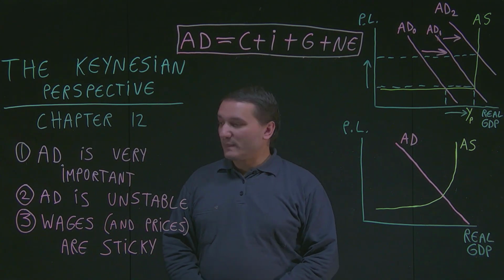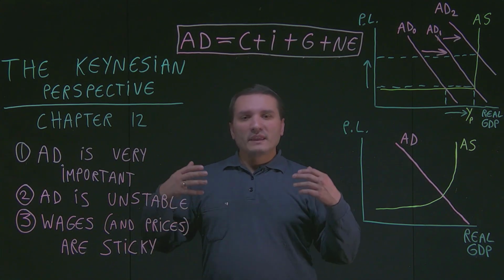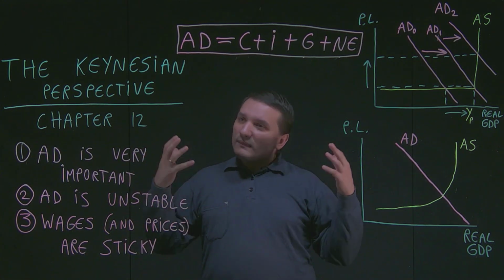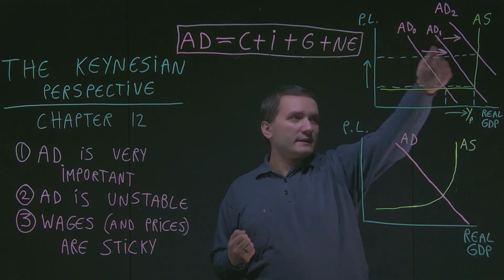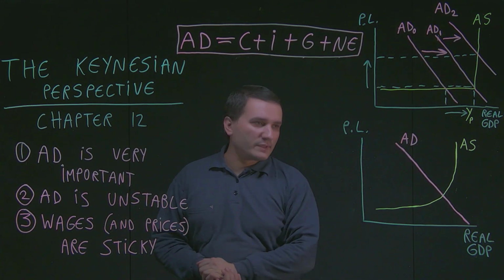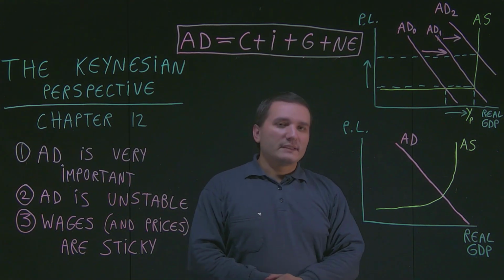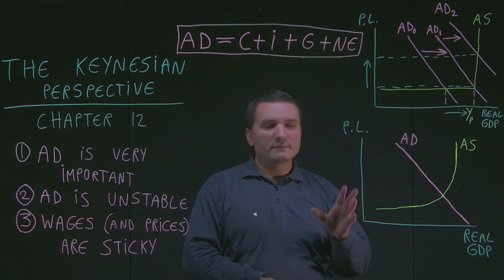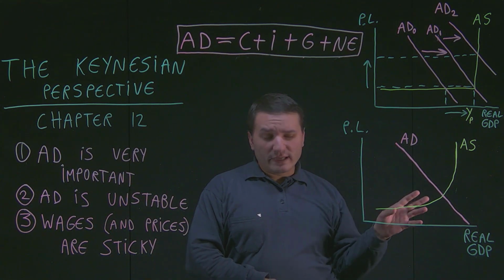Really, the Keynesian perspective is about change and the importance of change and how change is good and or inevitable at least. The economy is constantly changing, and you as the government have to respond to that and keep aggregate demand where it belongs. That's the Keynesian perspective. And the neoclassical perspective, as we will see next week, is about stability. You as the government, don't worry too much about it. The economy is going to fix itself more or less.